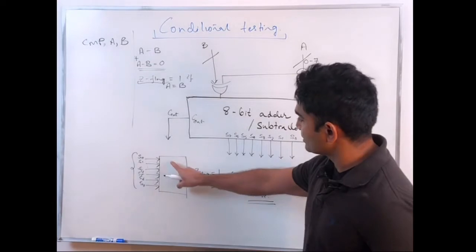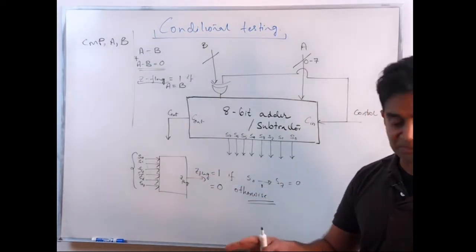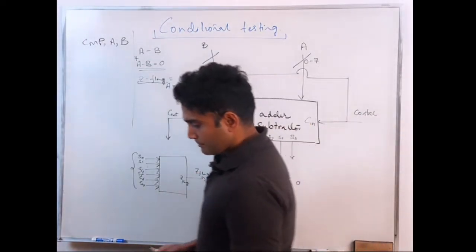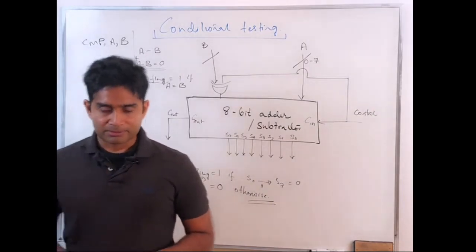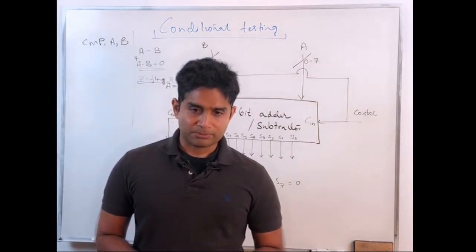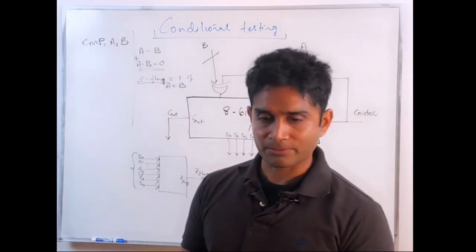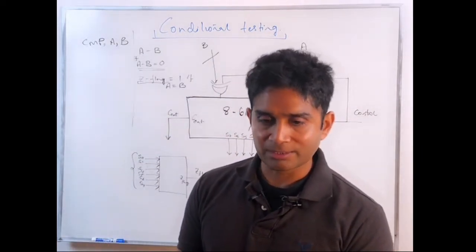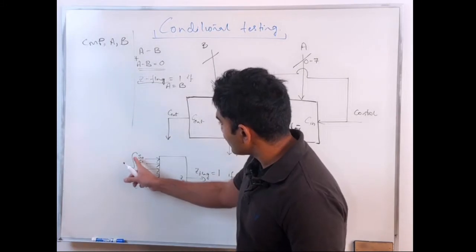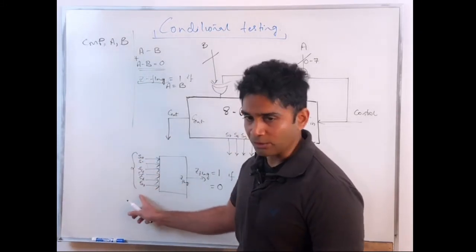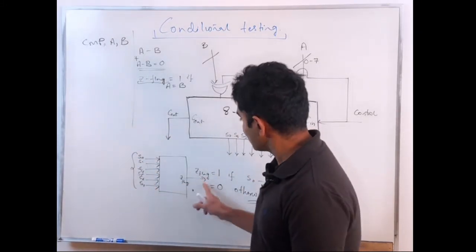So what should be going in here? Does it make sense, by the way? For conditional testing, if A equals B, we're doing an A minus B operation, and only when S0 through S7 are all zeros should the Z flag be set.